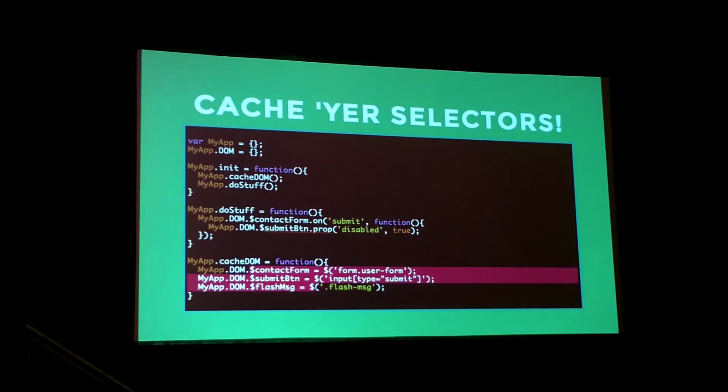So whenever I need a new selector, you just add it to this list down here, and then reference it from this myapp.dom object. That way, if you're reusing it multiple times, jQuery doesn't have to keep looking up these DOM elements every time. It can just look them up once, and then whenever you need to reference it later on, you can just pull it in. And it saves a lot of performance hit.